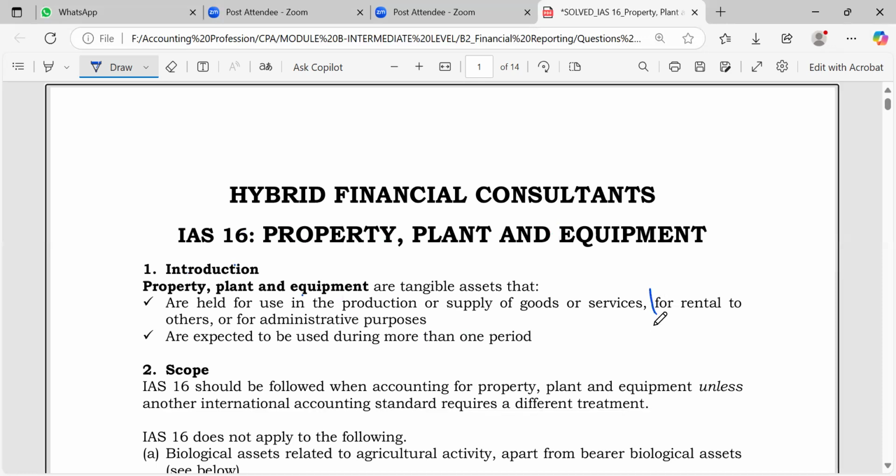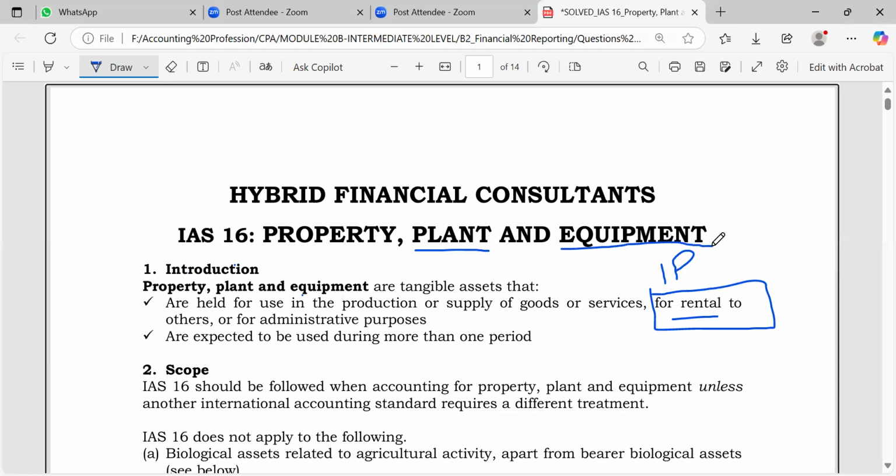Whenever you speak of rentals, when you have investment property, let's say a building, you may rent it out to someone and they pay you. In that case, it is classified as investment property. So specifically, when you see the word rental here, we refer to plant and equipment.